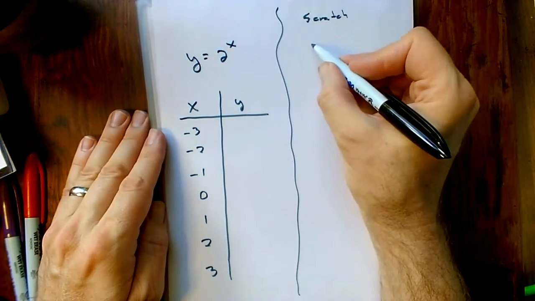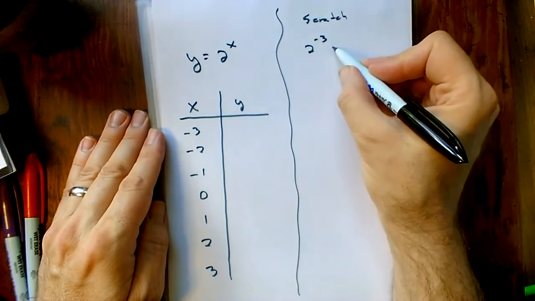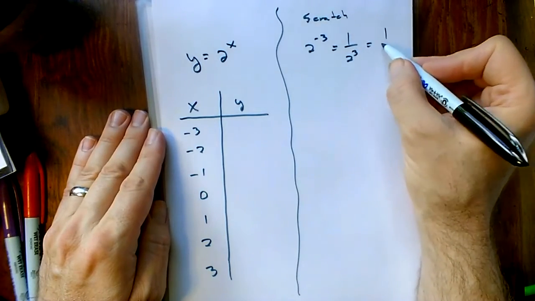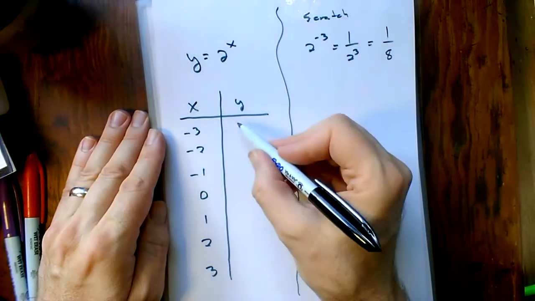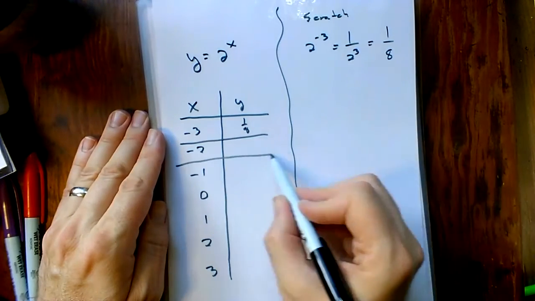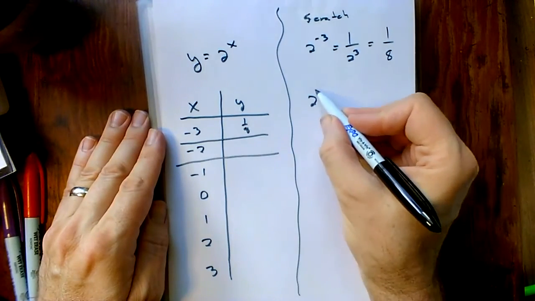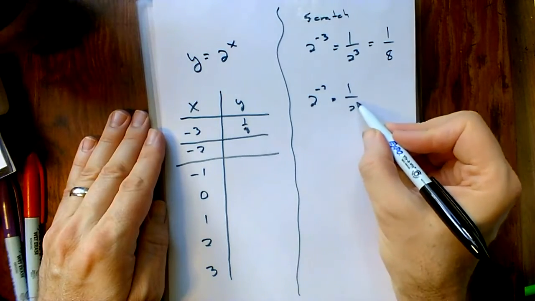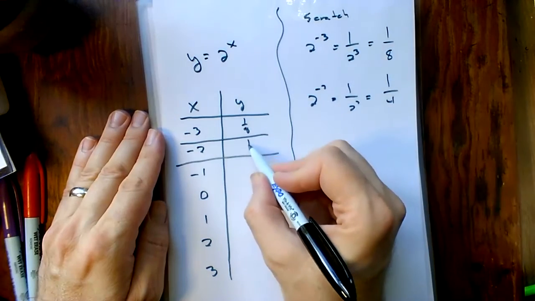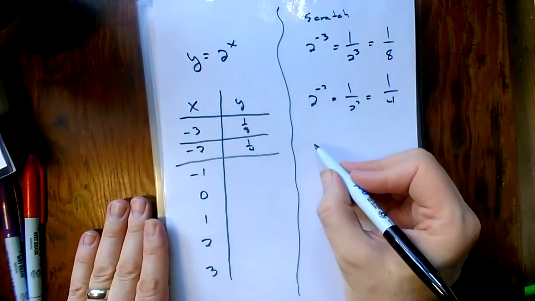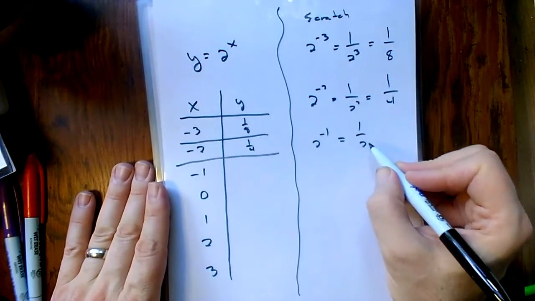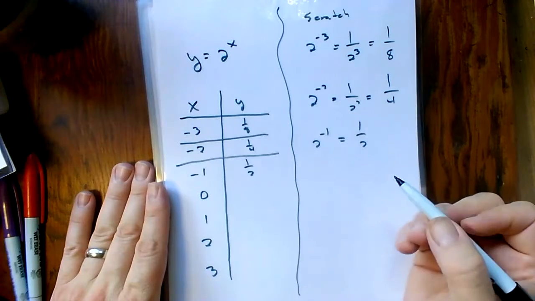So if I did 2 to the -3, that would be 1 over 2 cubed, which is going to be 1 over 8. Okay, I got 1/8. 2 to the -2, well, that's 1 over 2 squared, or 2 squared is 2 times 2, so 1/4. 2 to the -1 is just going to be 1 over 2, okay, 1/2.